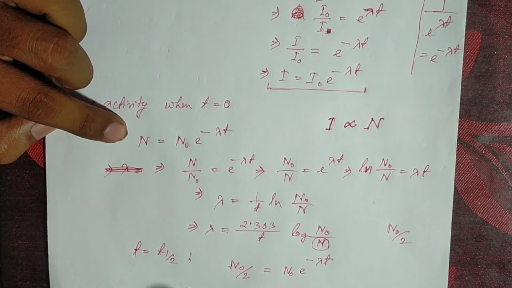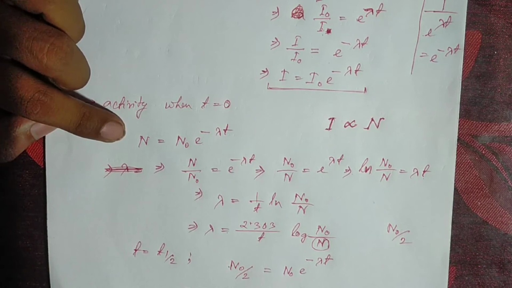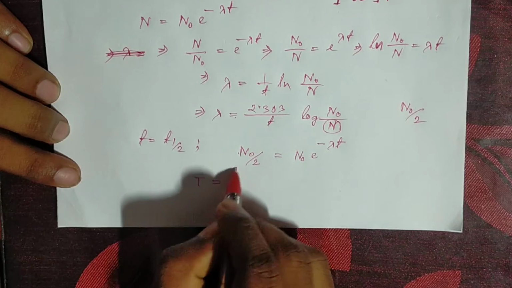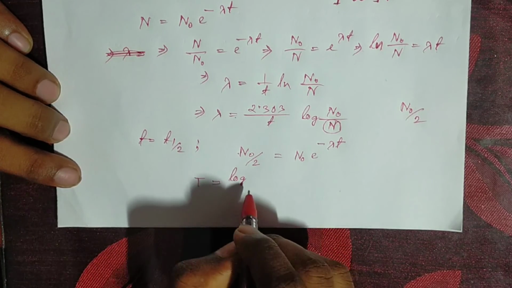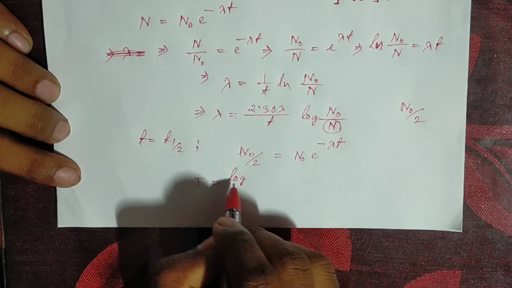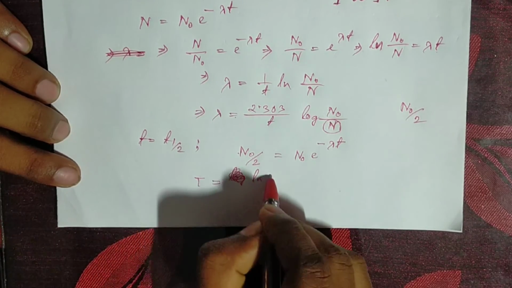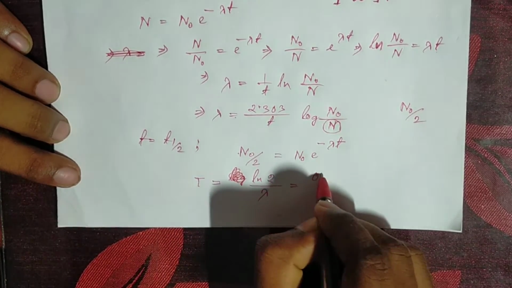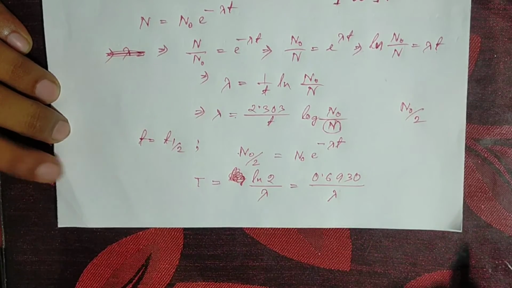So t is equal to ln 2 by lambda, so it will be 0.6930 divided by lambda.